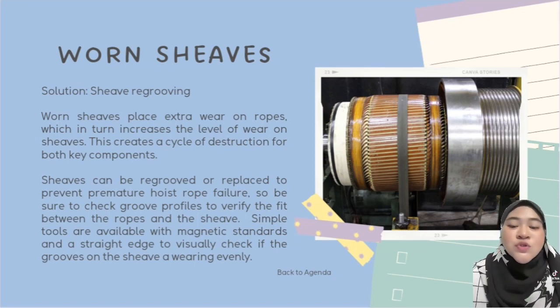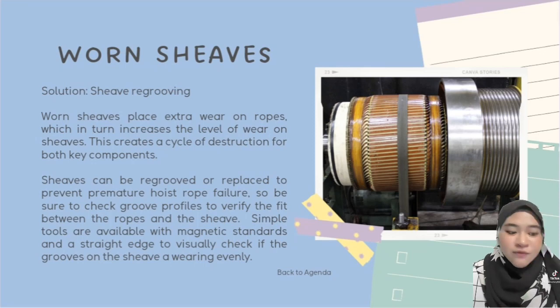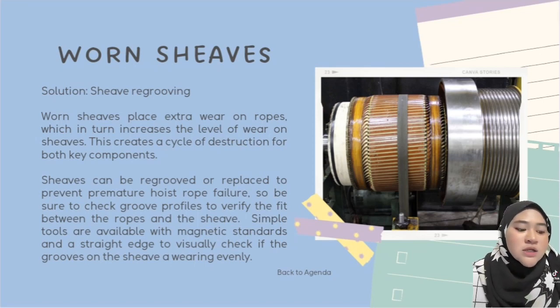So be sure to check the groove profile to verify the fit between the rope and the sheave. Simple tools are available with a magnetic stand and a straight edge to visually check the curve on the sheave wearing.